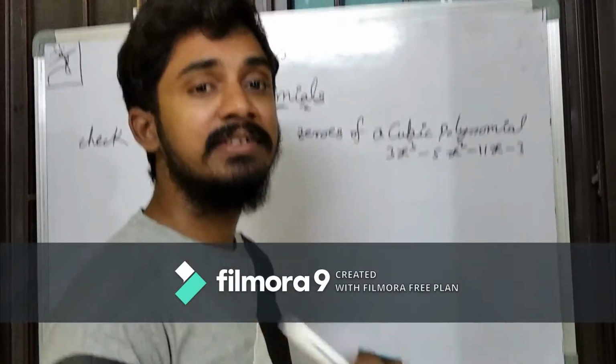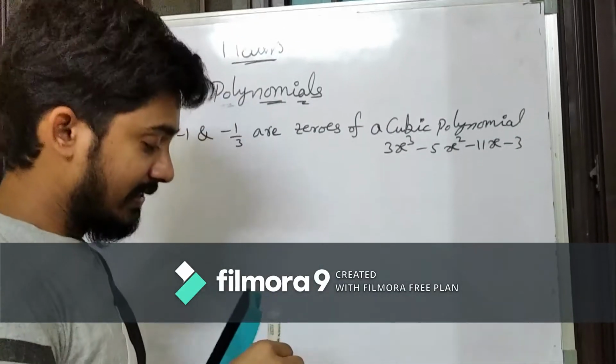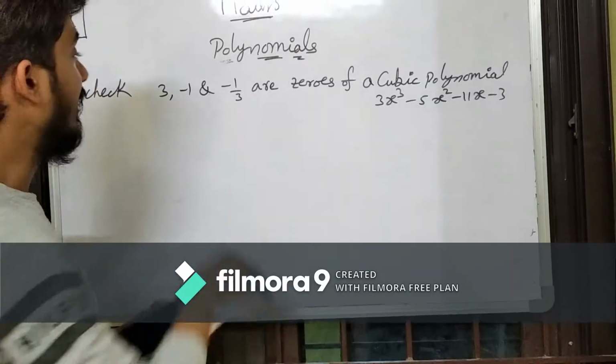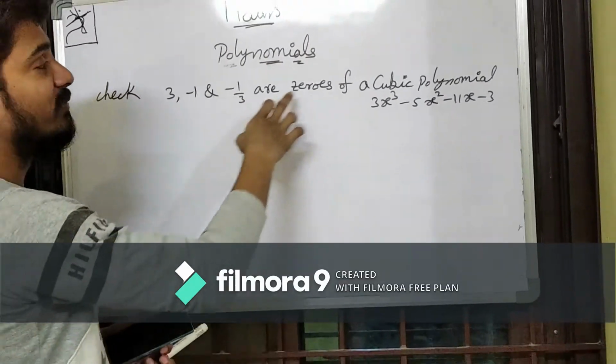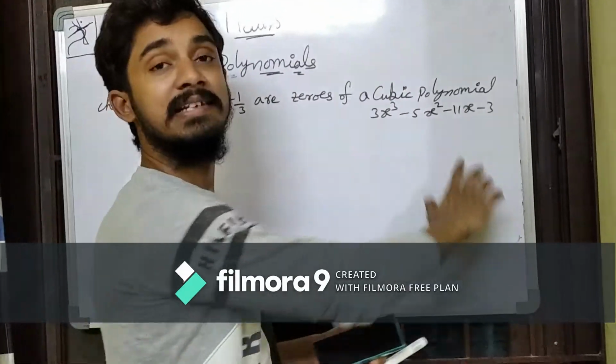Okay guys, check, verify that 3 comma minus 1 and minus 1 by 3 are zeros of the cubic polynomial 3x cube minus 5x square minus 11x minus 3.